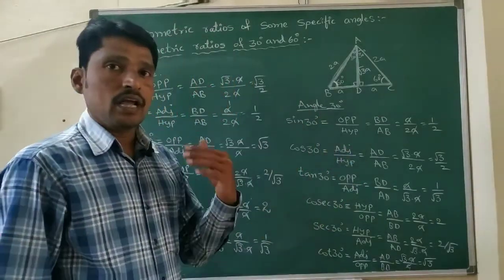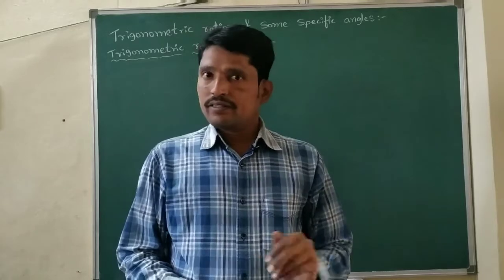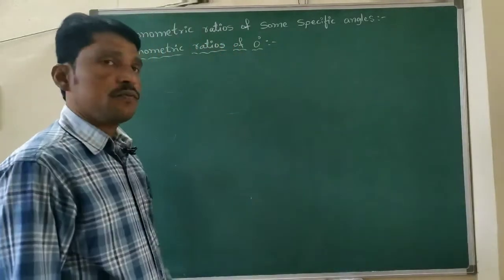So we will discuss the 0 degree. Let us see the trigonometric ratios of 0 degrees. Now we can take a right angle triangle.